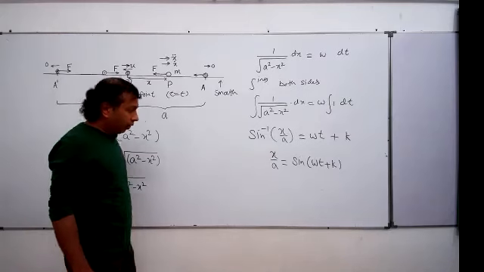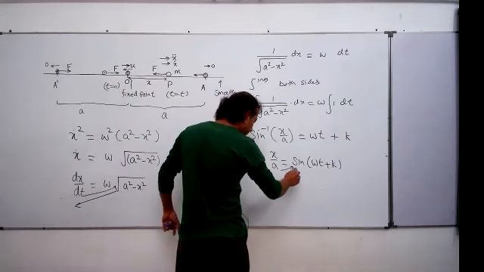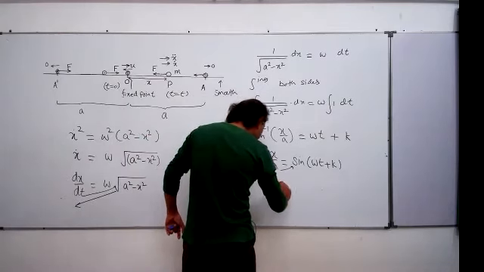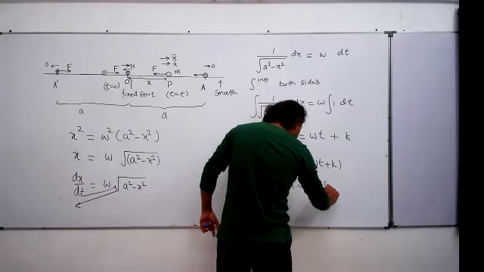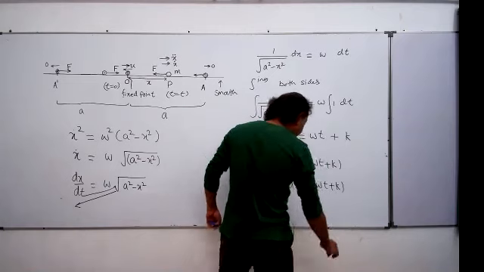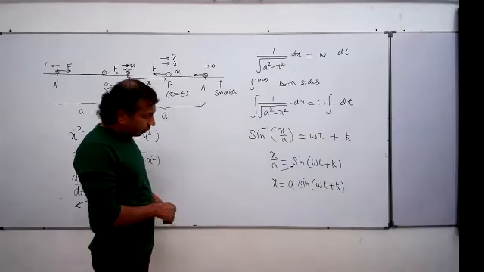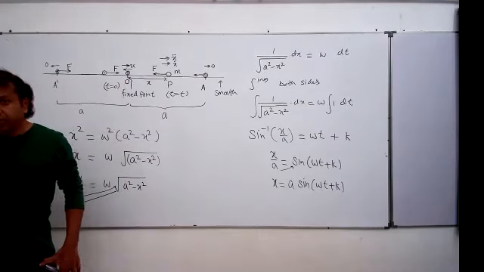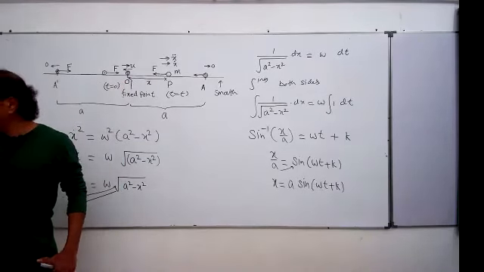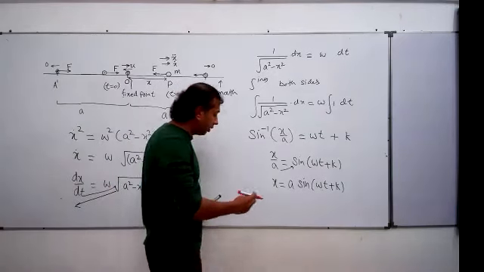Now we can use cross multiplication by this a. Then we get x equals a sin omega t plus k. Now that omega t and k should be angles, people. They should be angles, right? So omega t is an angle.